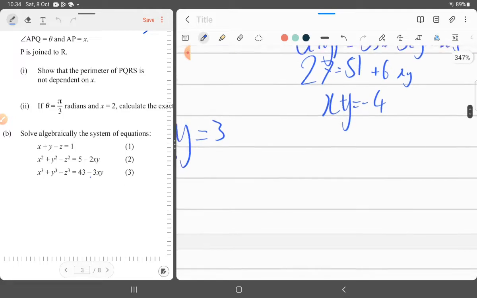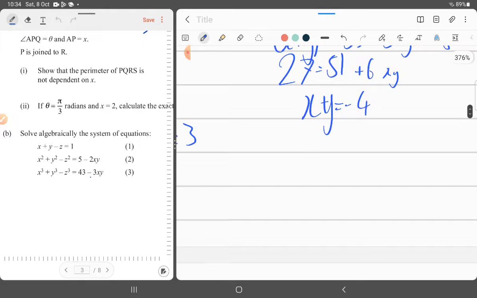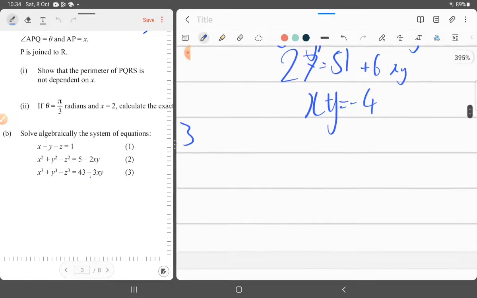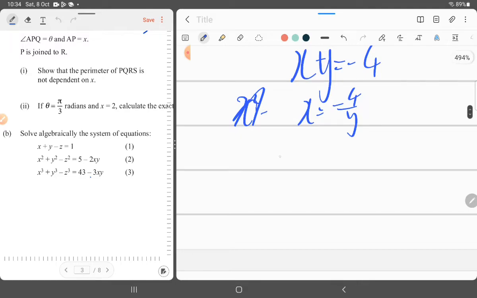XY is equal to -4. What was that? Wait, how do I do this now? Was it just x squared? Oh no. X equals -4 over y. So x plus y, so y take away 4 over y is equal to 3.